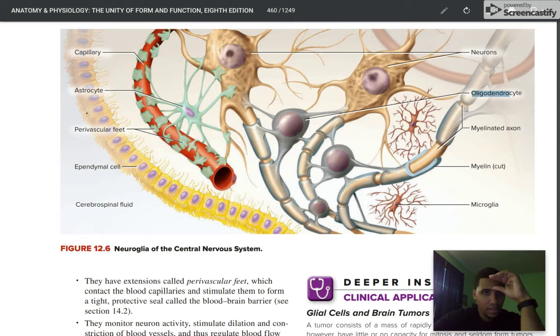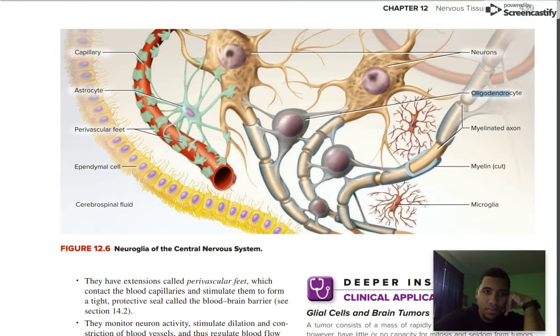They line the cavities of the brain and they create the cerebral spinal fluid by filtering plasma from the blood. So it's pretty much a big filter, and it creates CSF. That's what you need to know.